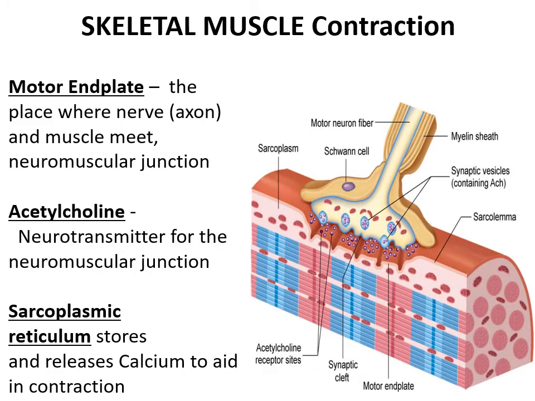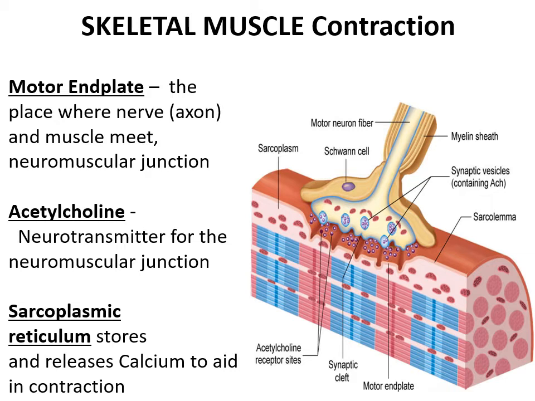If you remember, in the parasympathetic system, the nerves at the end organ also use acetylcholine. So acetylcholine is used in the parasympathetic system at the target organ level, and it's used as the neurotransmitter for all skeletal muscles at the neuromuscular junction. The sarcoplasmic reticulum is where calcium is stored, and it's released to assist in contractions.